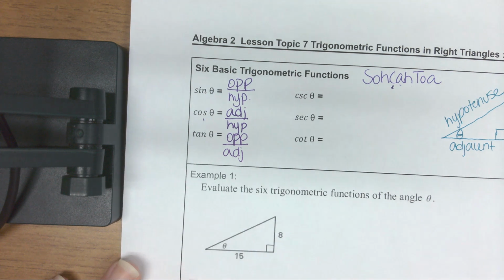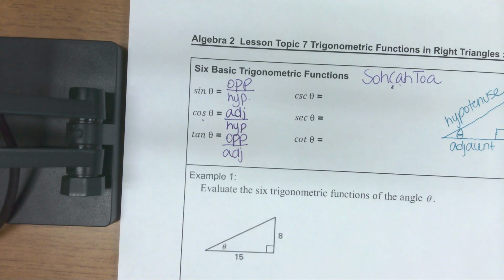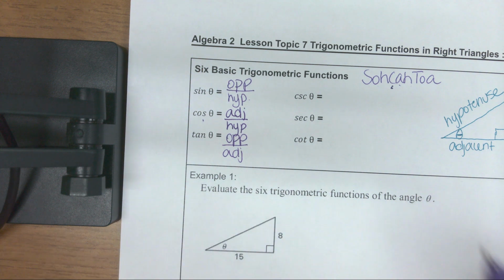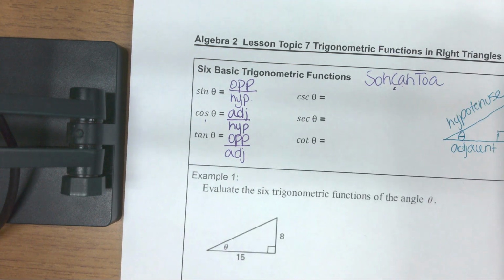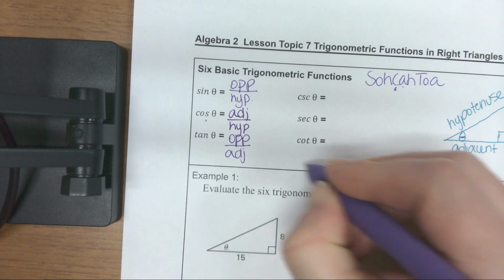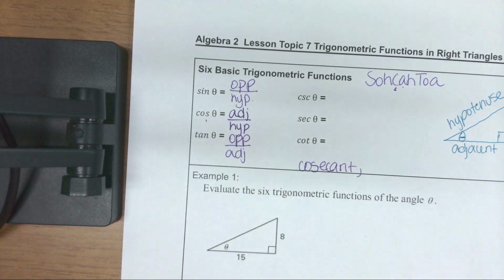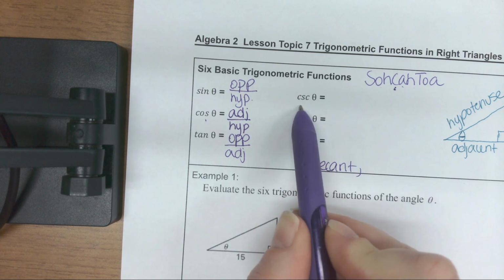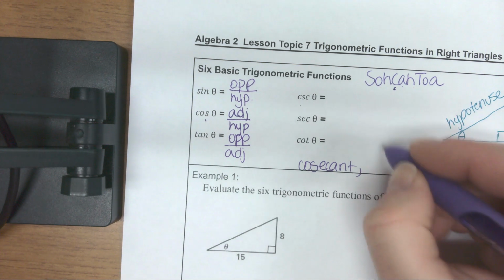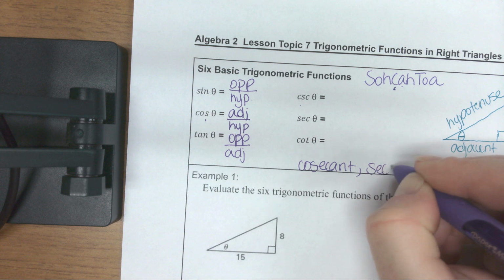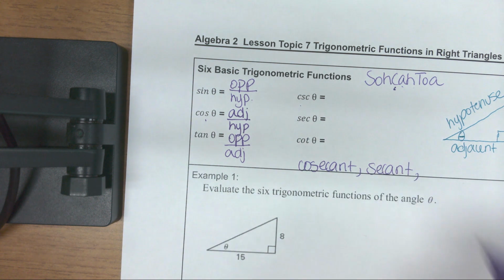Now, I know some of you have seen those three ratios before. What I'm going to do is expose you to three other ratios, and they are just the reciprocals. They are the cosecant, which we abbreviate as CSC, the secant, and the cotangent.